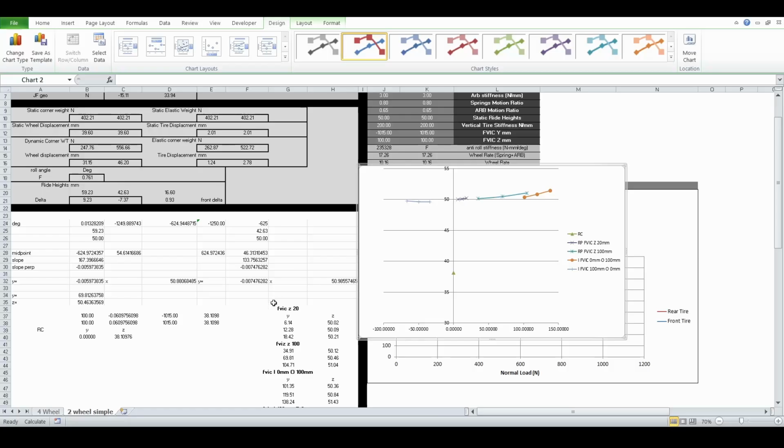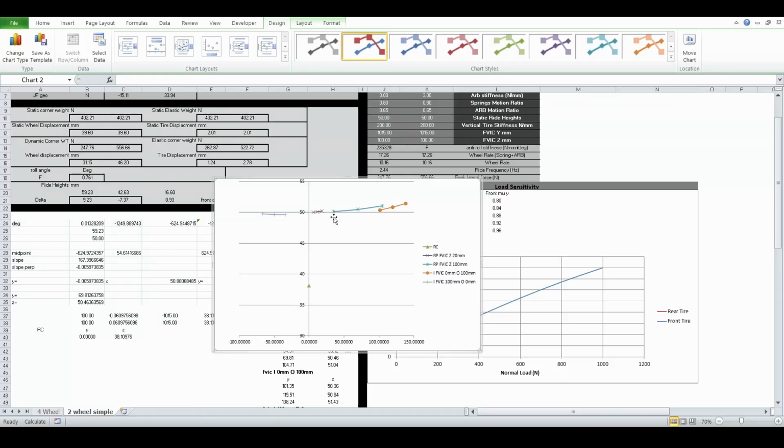So here I just plotted all these different Y and Z locations of that roll pivot. And it'll be at like 0.5, 1, and 1.5 G's of lateral acceleration for different setups, and I'll talk through them. So first I'll look at the scenario where the front view instant center Z location is at 100 millimeters, which will be this line here.